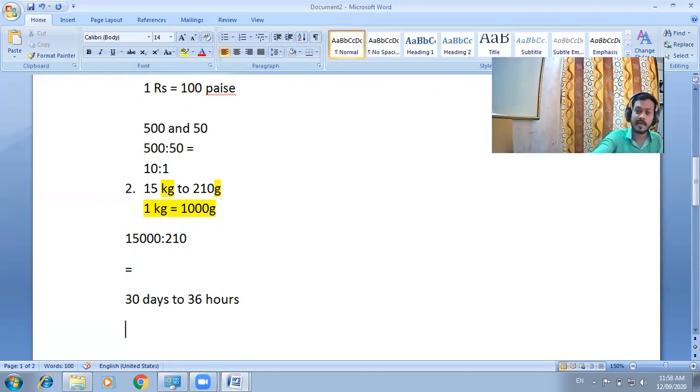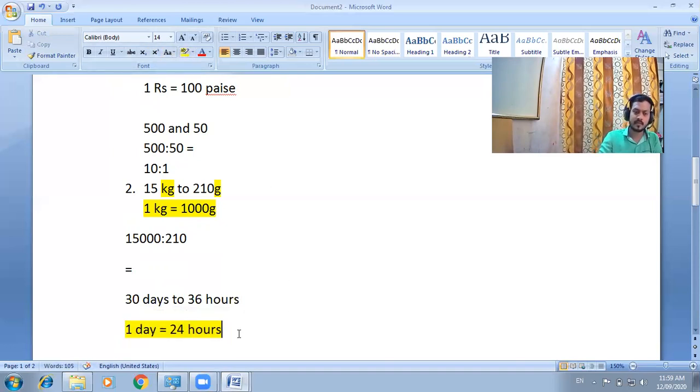So convert days and hours into the same unit. 1 day is equal to 24 hours.